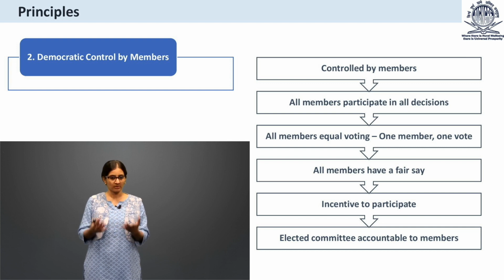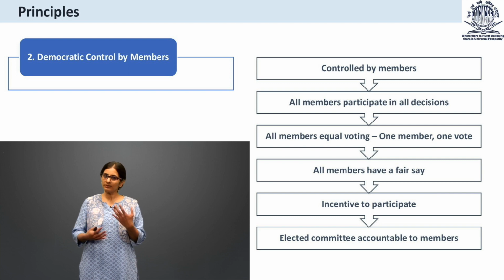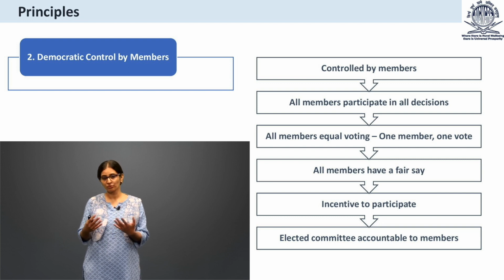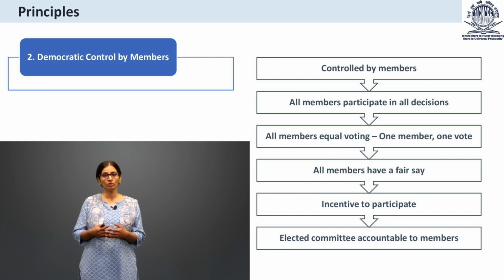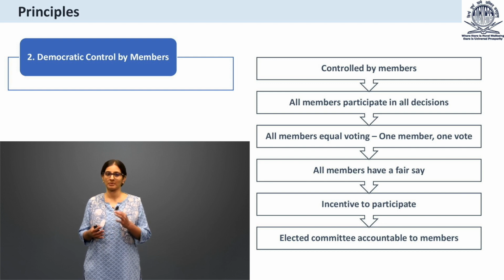Such a democratic process actually serves as an incentive for members to participate. When members know that their votes count and that their opinion is valuable, they will be more than willing to participate. So this is what is meant by democratic control by members. Everyone has a fair say in the decisions pertaining to the cooperative.